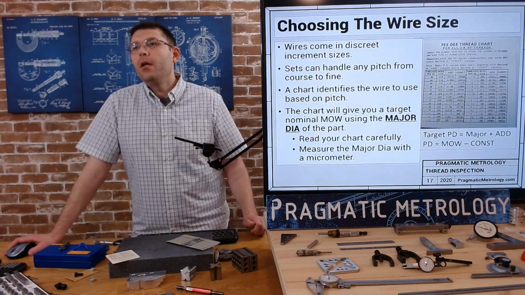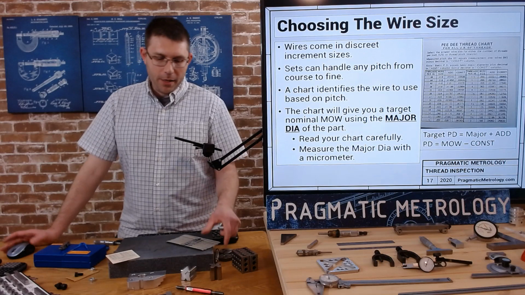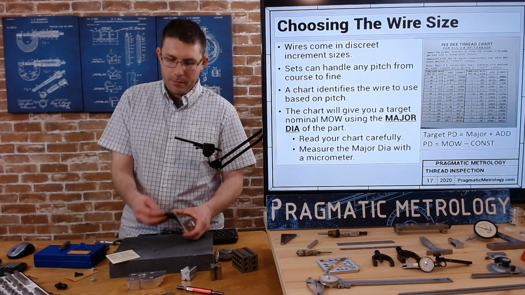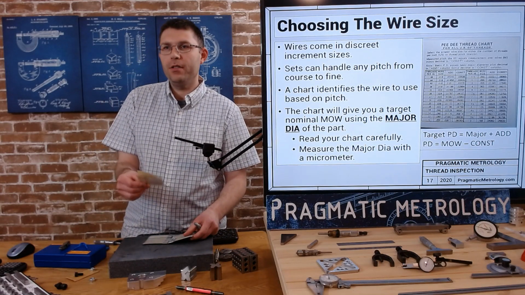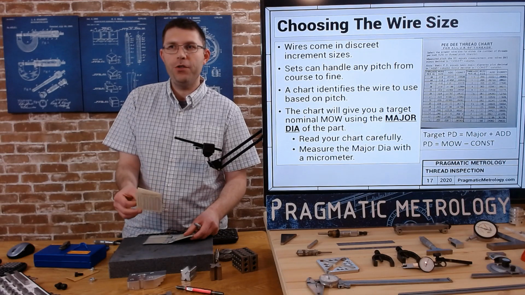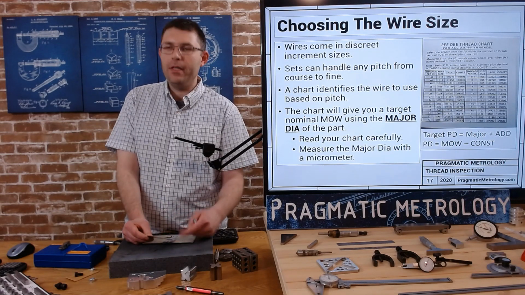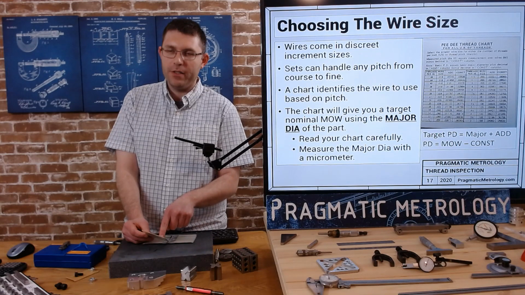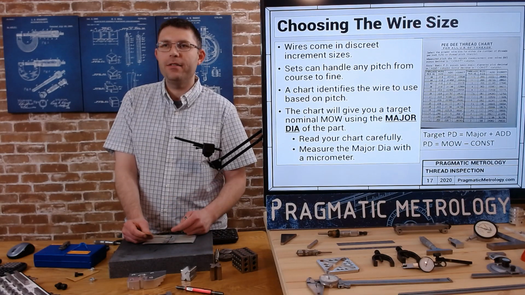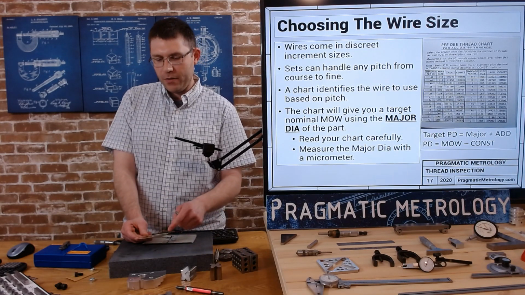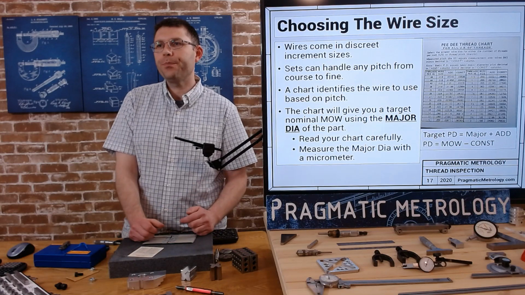But a lot of these sets will actually provide a chart to simplify the math for you. So if you don't want to do that math, a lot of times they do some of the math for you based on the wire size. They just give you a constant to deal with instead of a long formula.